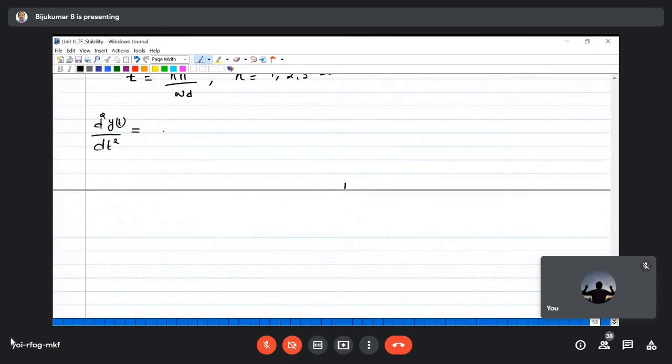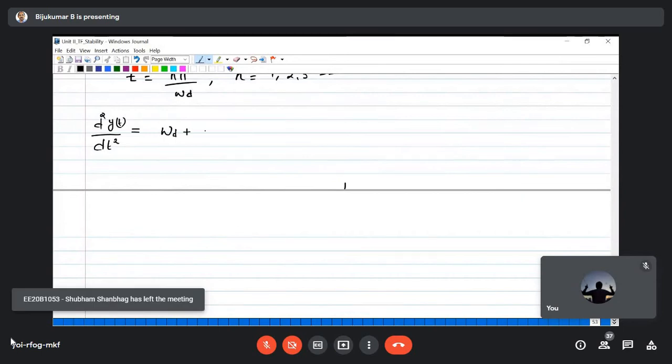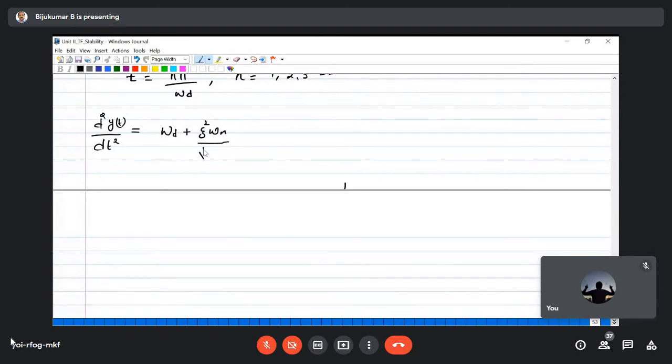So what we will get is, the constant we can take out, that is omega d plus zeta square omega n, the whole divided by 1 minus zeta square. So this is a constant, taking this one out.